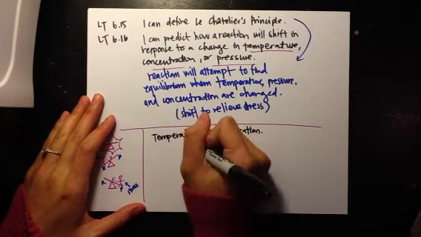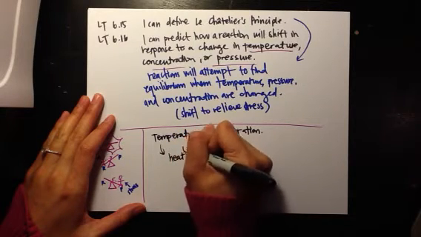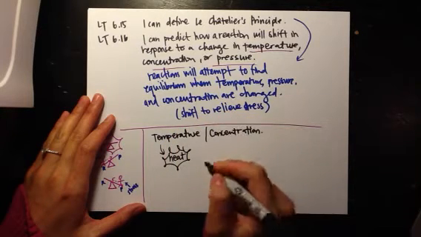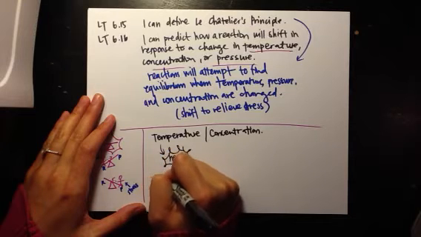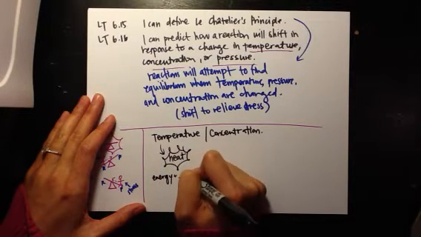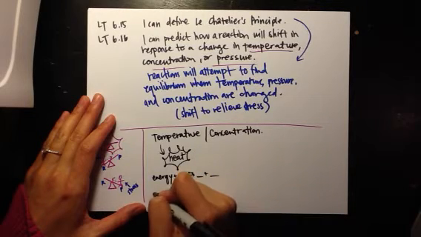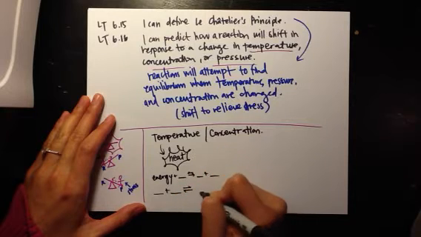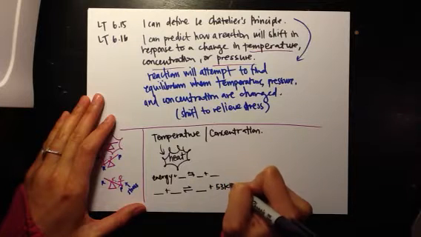Okay, so for temperature, you actually don't look at temperature, right? You look at heat. When you see a question that talks about heat, you might see something like energy plus something yields something plus something, or you might see something plus something yields blank plus 53 kJ.